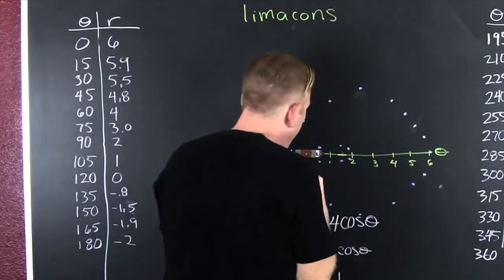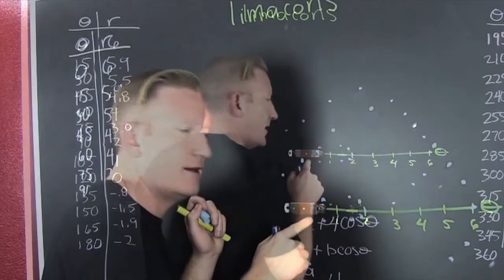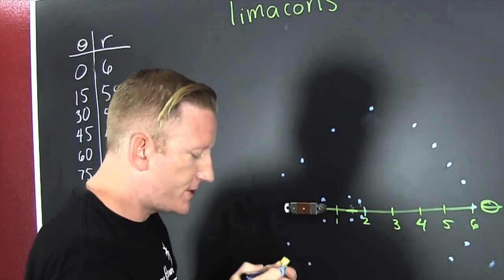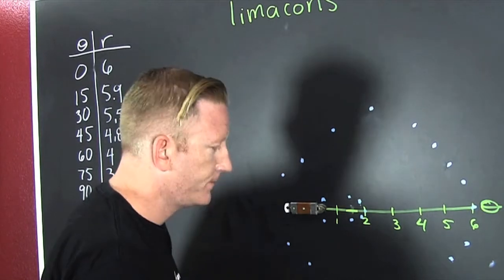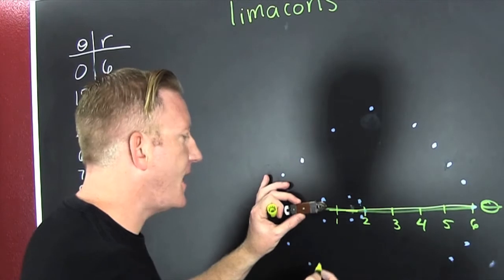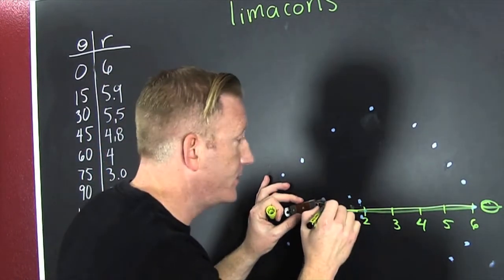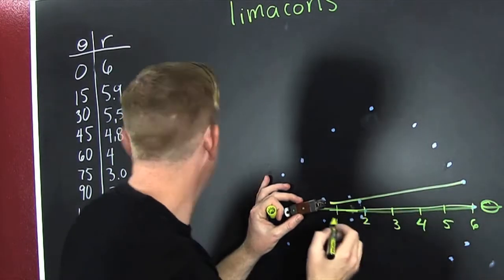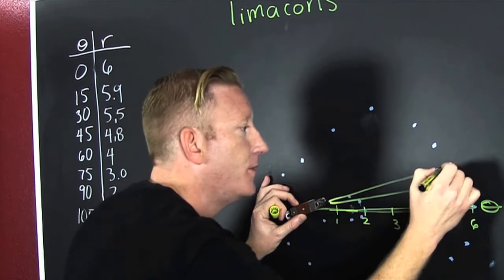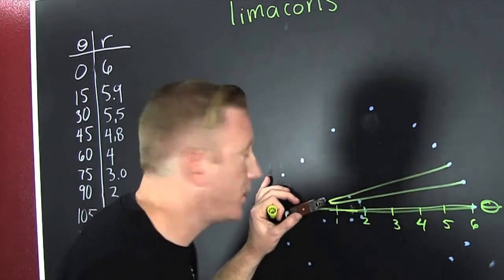When theta is 0, it's 6, so you go out 6 far. Then at 15 degrees, we're at 5.9. Then at 30 degrees, we're at 5.5. So we're rotating and we're going out r far.